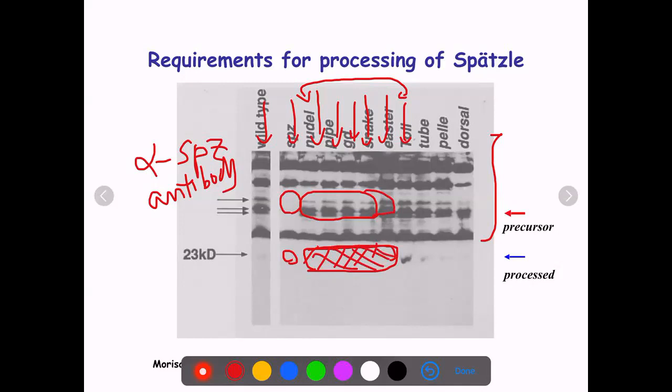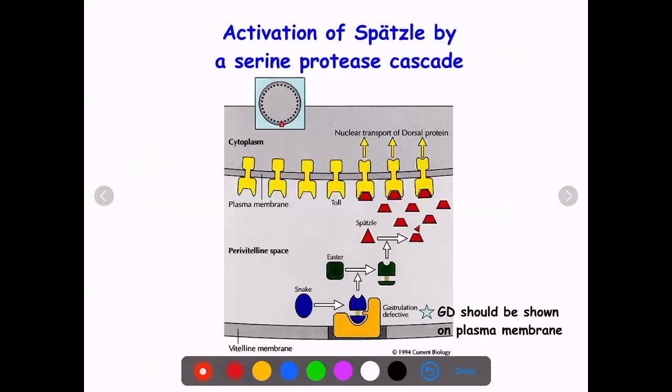Okay, right. So from that, they figured this out. It's kind of like a protease cascade. GD is somehow tethered to the ventral eggshell, the follicle cell, and that is activating Snake. So that is the protease. It cuts a corner of Snake, so Snake is active.